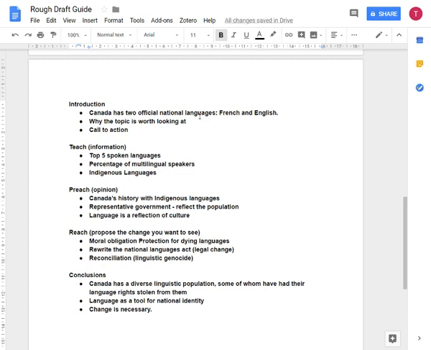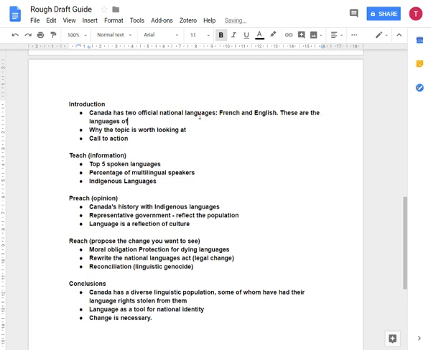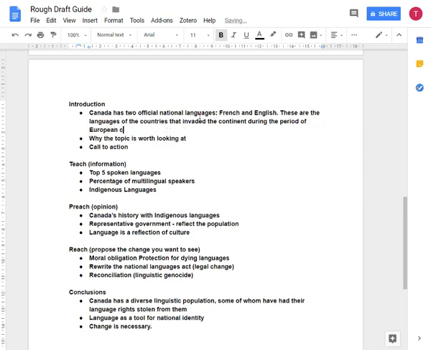Now, why is the topic worth looking at? These are the languages of the countries that invaded the continent during the period of European colonization.